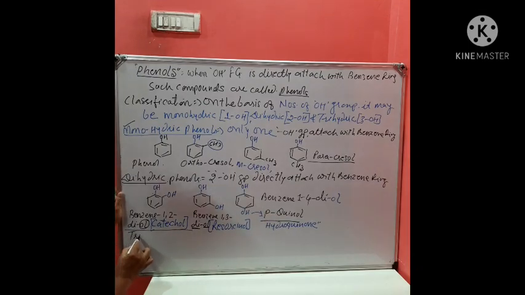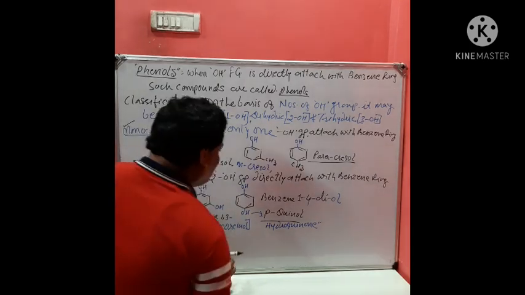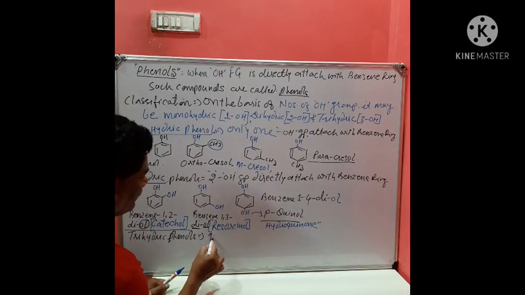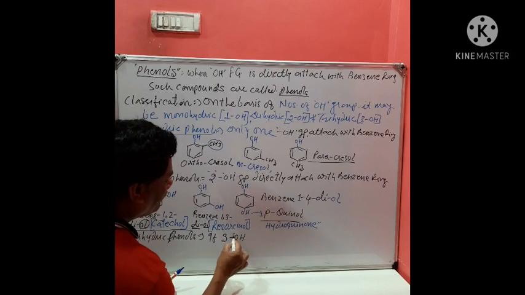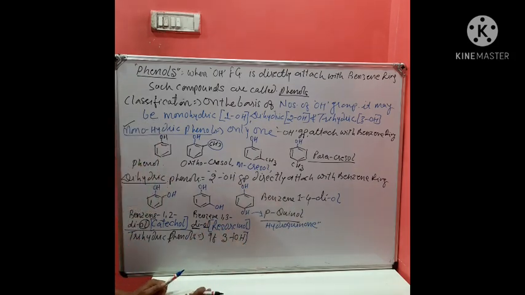One more is trihydric phenols. Trihydric phenols. Now, what are trihydric phenols? So, how many? 3 OH group is directly attached. Okay. Now, 3 OH group, their position may be changed in the benzene ring carbons.